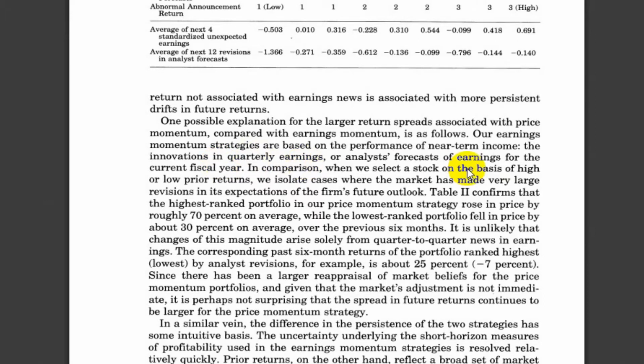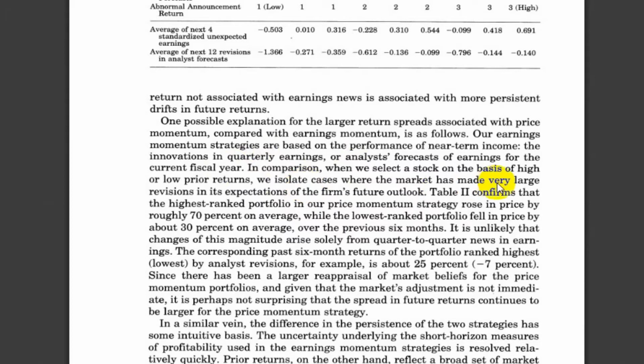However, with the price momentum piece, we're looking at very big revisions about the firm's future outlook, which could be very long-term. So it makes sense that the earnings momentum piece would have a short-term effect on returns, whereas the price momentum effect would be a bit longer term.